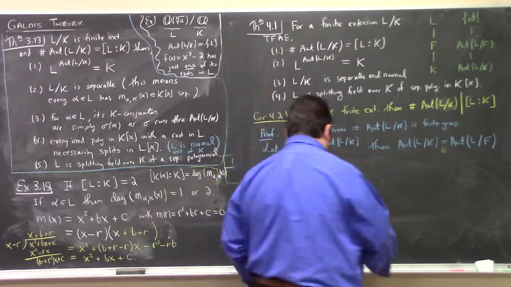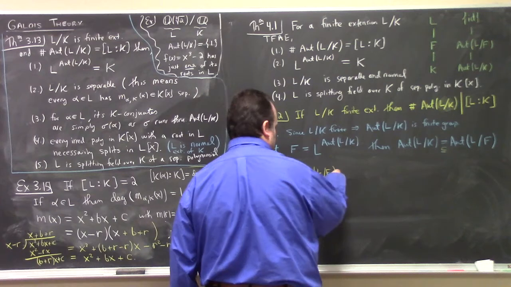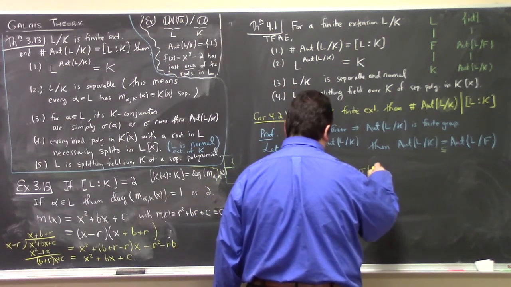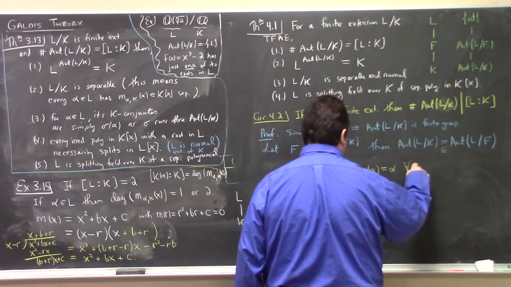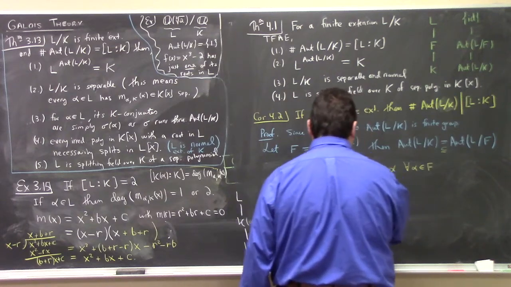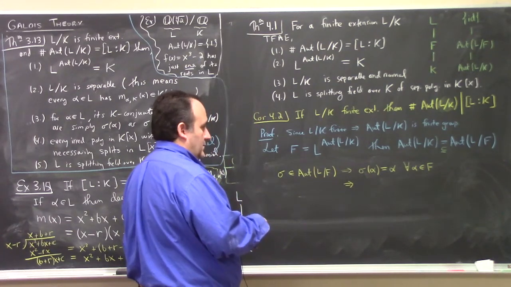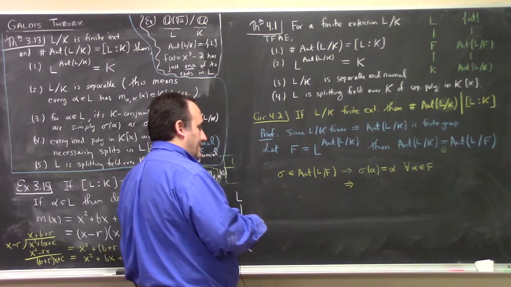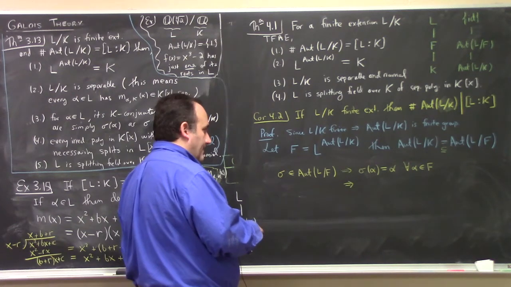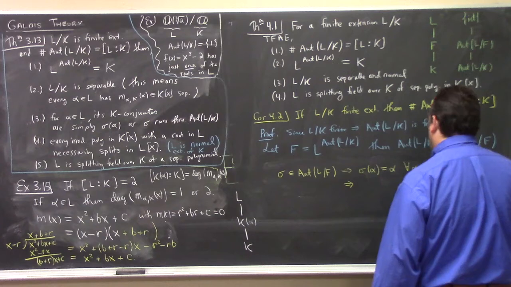So let sigma be an element of Aut L over F. Then sigma of alpha is equal to alpha for all alpha in F, where F is the fixed field of the automorphisms of L which fix k.